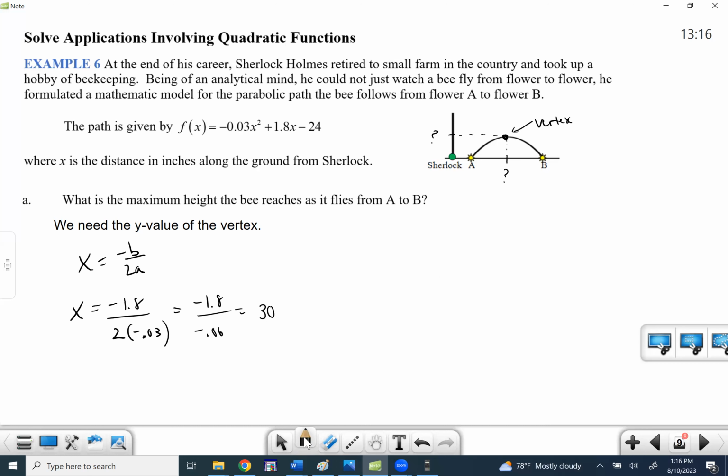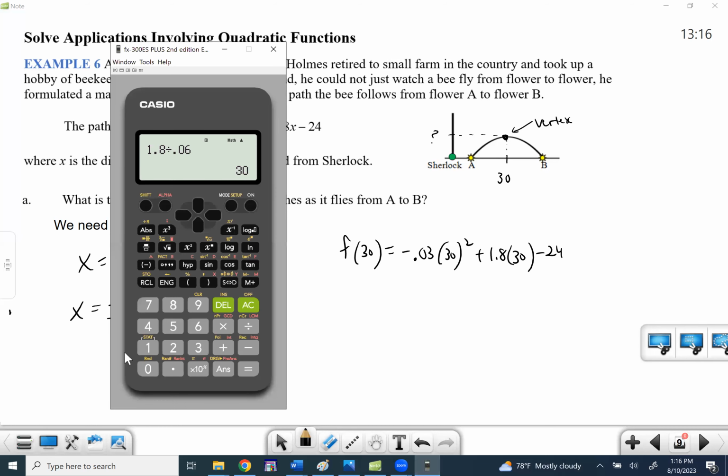So we have the x value of the vertex, right? So we now know that this question mark right here is 30. But now we said we need to get the y value, right? So we're going to take that and substitute it back into the original equation. Let's get that calculator out again.